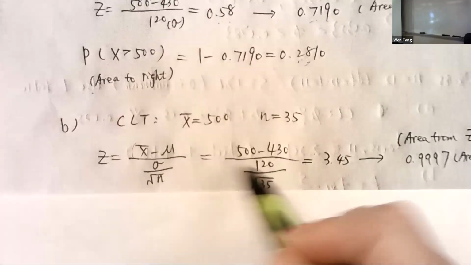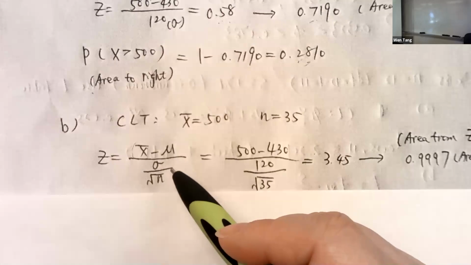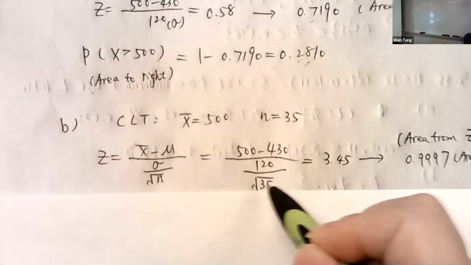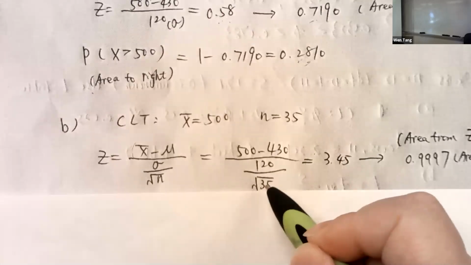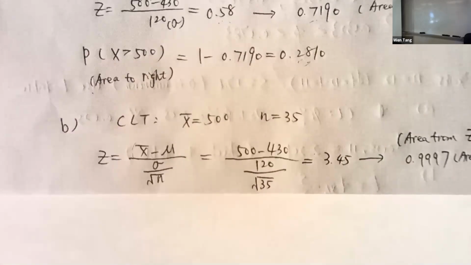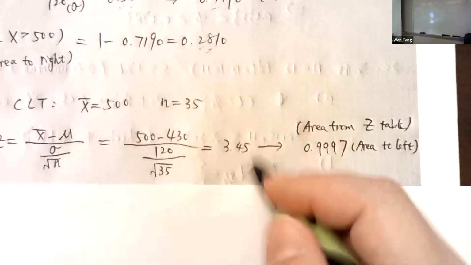But the big difference is the denominator, which has the square root of n. The original one just uses sigma as the denominator, but for the central limit theorem Z formula, we also have the square root of n term. So after that, we get the Z-score.